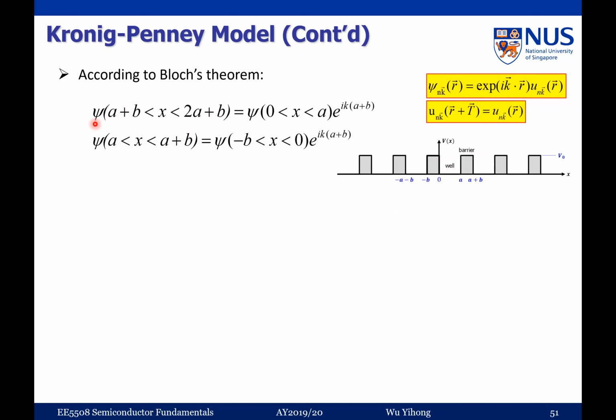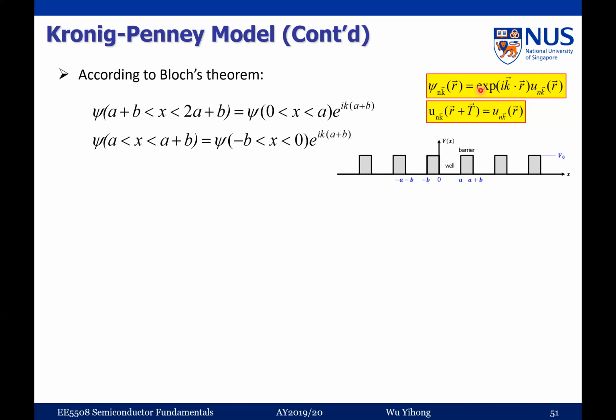So based on Bloch's theorem, just look at this, this is Bloch's theorem, right? When r changes by the periodicity of the lattice, this one will not change because this one has the periodicity of your wave function, right?